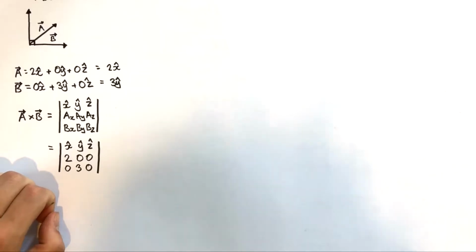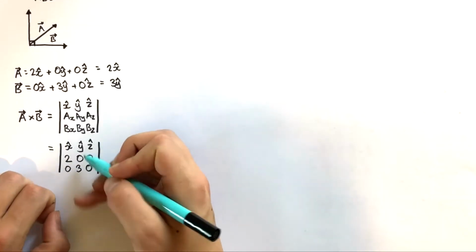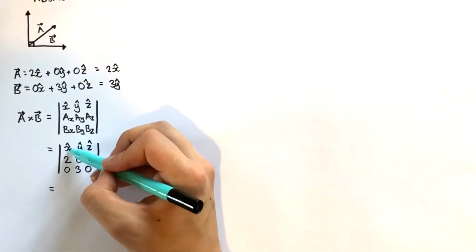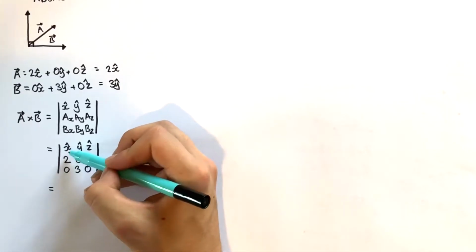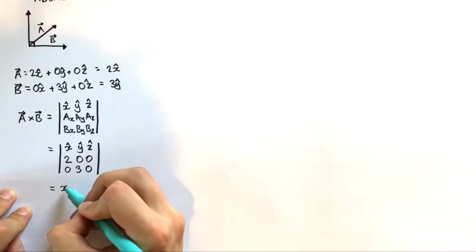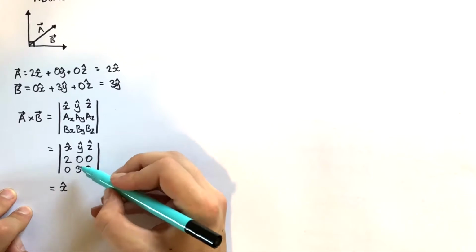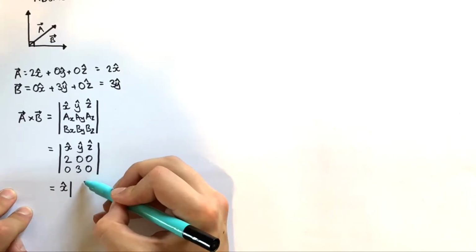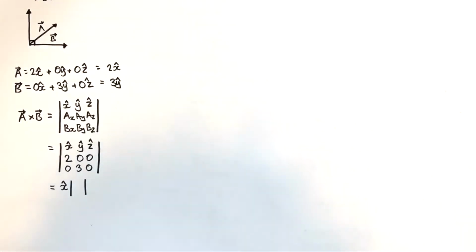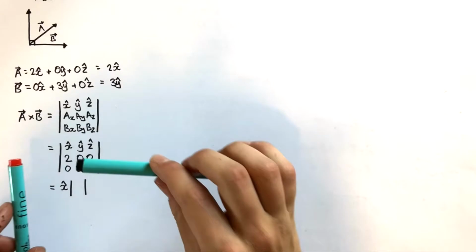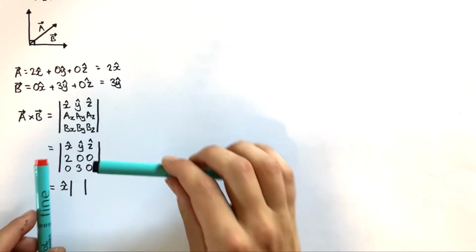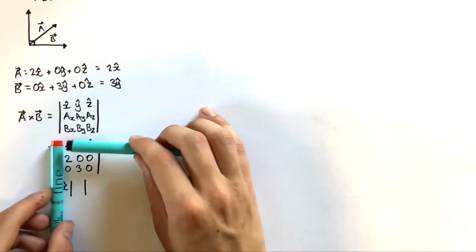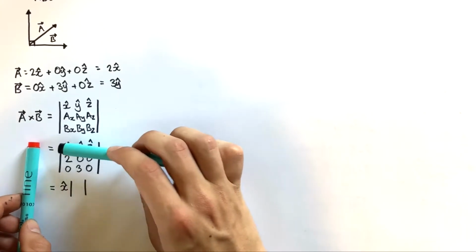So, to work out the determinant of a 3x3 matrix, you have to take this element of the matrix right here, which is x hat, and you have to multiply it by the determinant that is formed by all of the elements that are not in either the same row or the same column. So I've got another pen here, which is quite handy. So this is the element we've got.